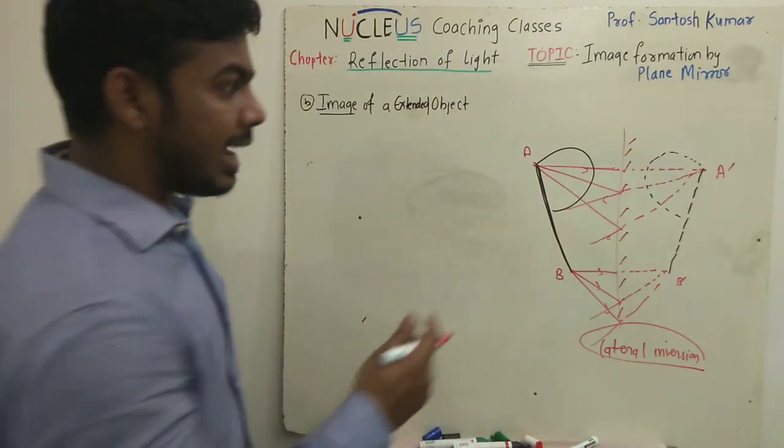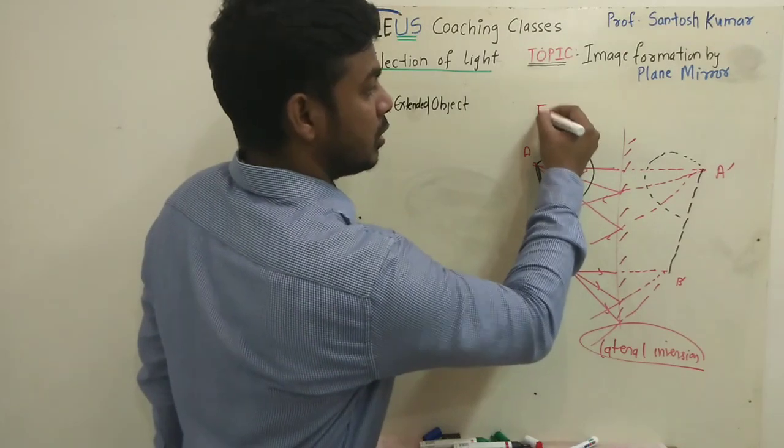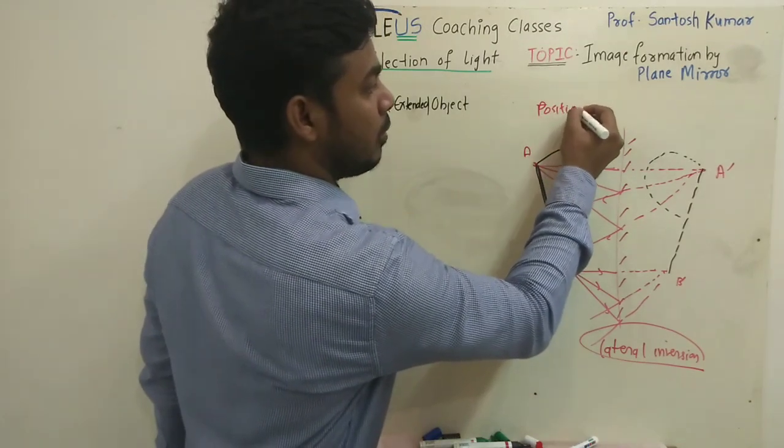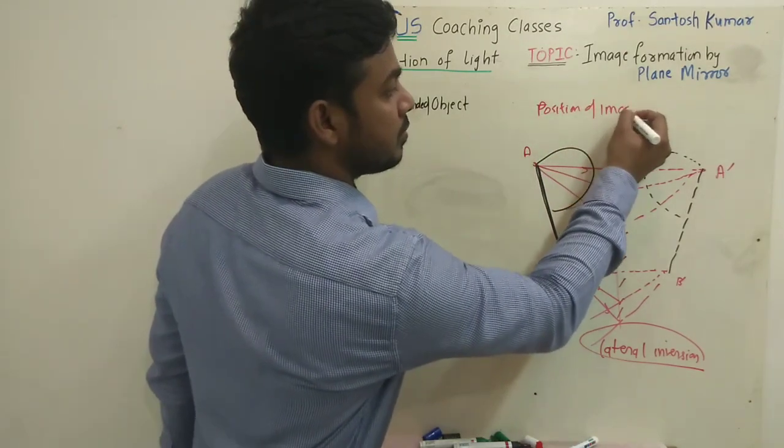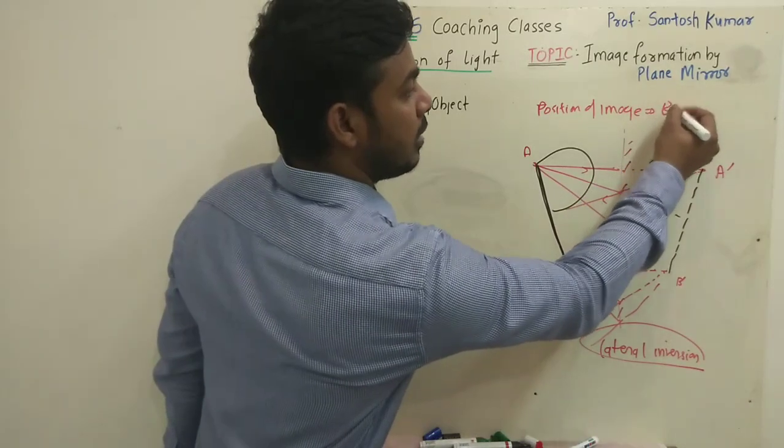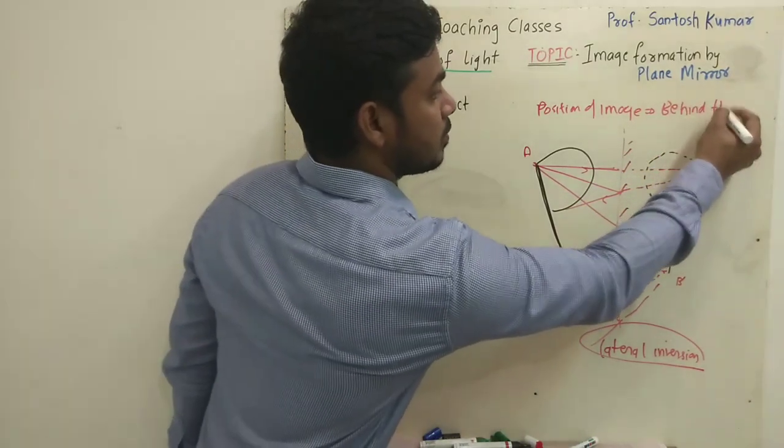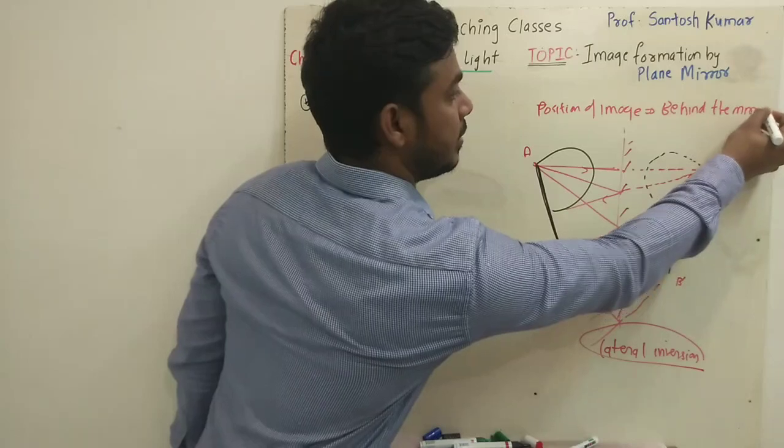So if I talk about the characteristics, first of all, let's talk about position of image. Where it is formed, come on tell me. Image is formed behind the mirror.